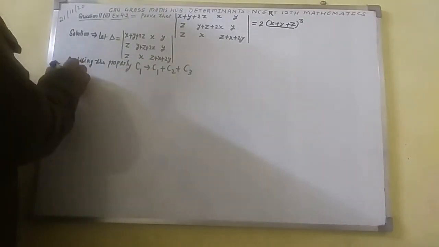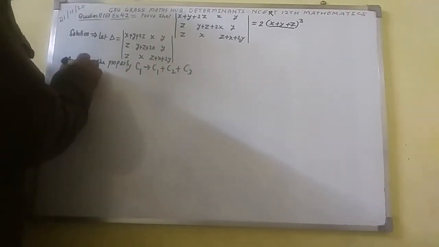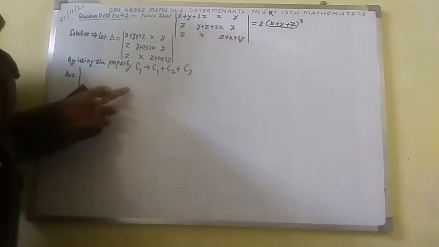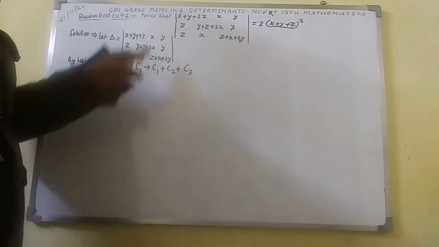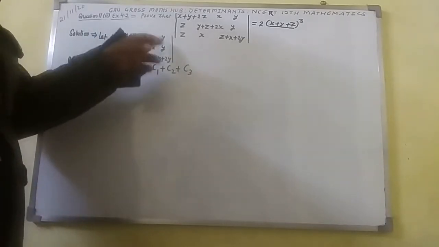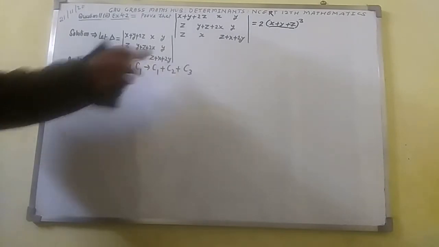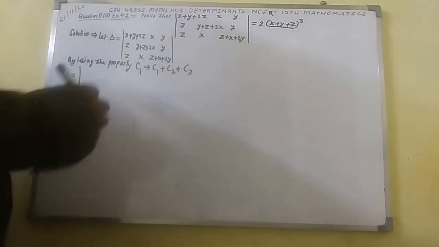Here I shall write delta equal to. The second column and third column I shall write as it is.